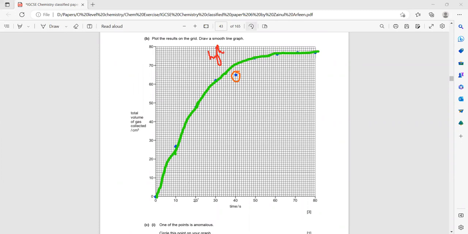We want to sketch for low temperature. What will be the shape of the graph? It will be less steep. But the final product should not change. Why should the final not change? Because we did not change the concentration of the limiting reagent. And you have to label that as L.